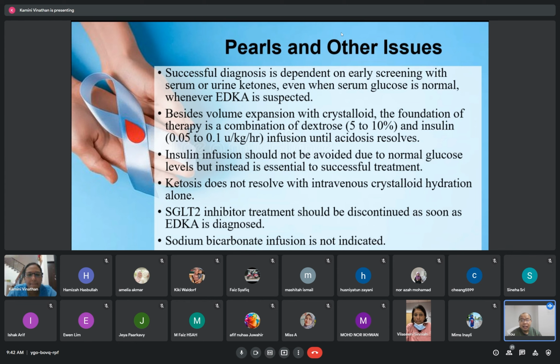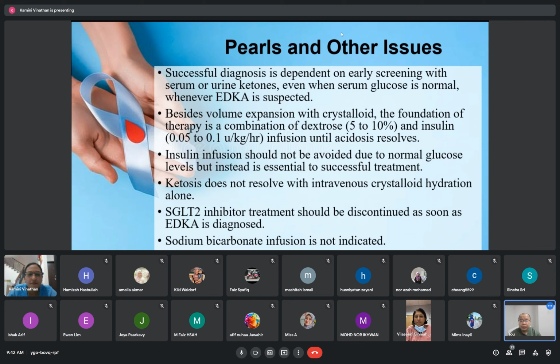And if the acidosis does not improve with fluids, insulin and so on, you really need to be thinking about other reasons why the patient might be acidotic. There may be external acids. Who knows, on top of the DKA the patient took an aspirin overdose, or has AKI, and so on.